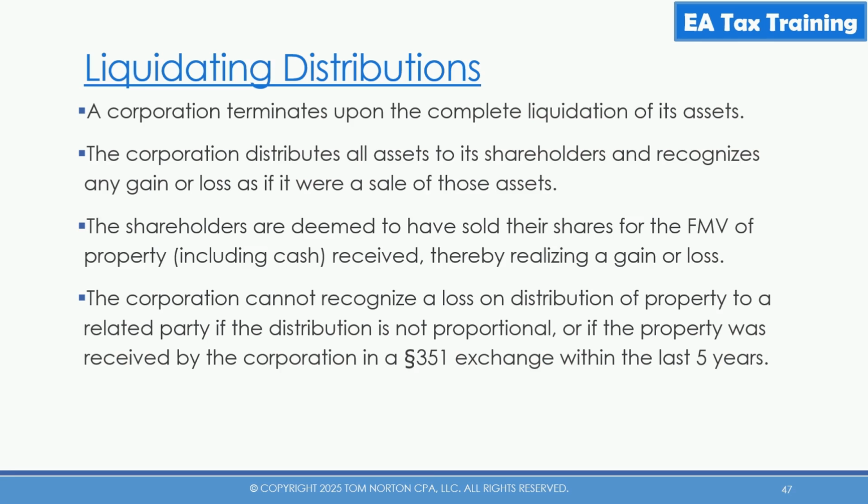So if you are going to give a disproportionate distribution to one particular shareholder, disproportionate to their amount of actual ownership of the corporation, then the corporation cannot recognize a loss on that distribution. Or if the property that was distributed had just been received within the last 5 years in a non-taxable exchange, this 351 exchange, then similarly, the corporation cannot recognize a loss on that distribution.